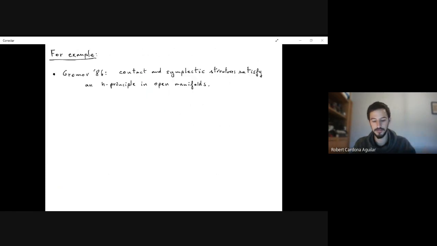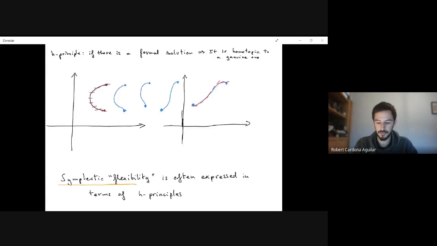Now I will give examples of things which satisfy and don't satisfy the h-principle in symplectic geometry. For ODEs, for example, it's trivial. It usually doesn't say anything. Either an ODE satisfies or doesn't satisfy the h-principle for trivial reasons. But in geometry, it happens that it's very useful.